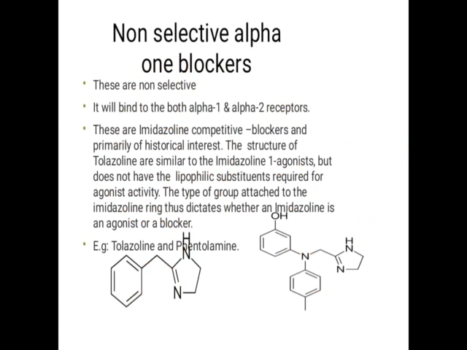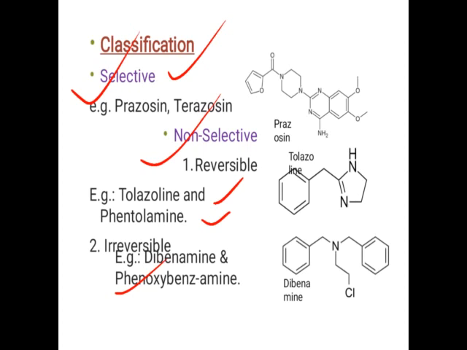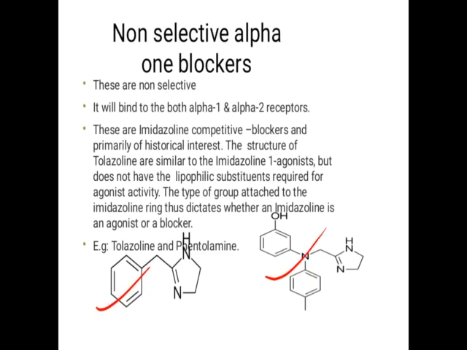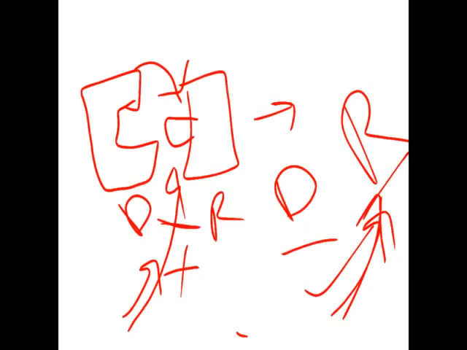Then we have seen the structure of tolazoline, phentolamine. Then we have the structure of phenoxybenzamine. Okay, so this is phenoxybenzamine, the irreversible alpha blocker. So what happens in irreversible?